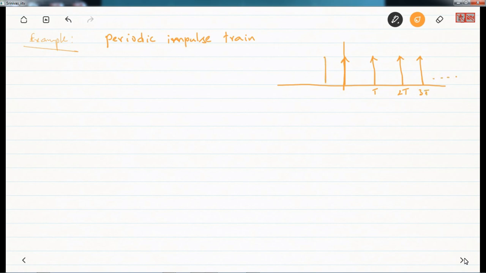Similarly, there should be an impulse at minus T, an impulse at minus 2T, and an impulse at minus 3T, and so on, right? So this is your x of t.